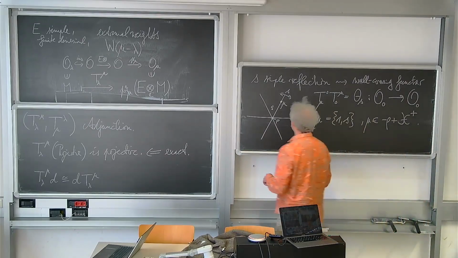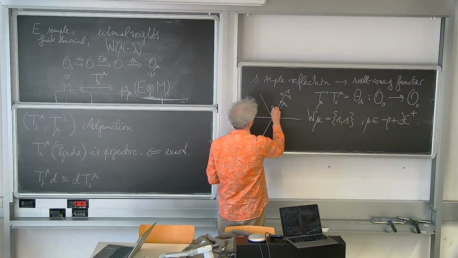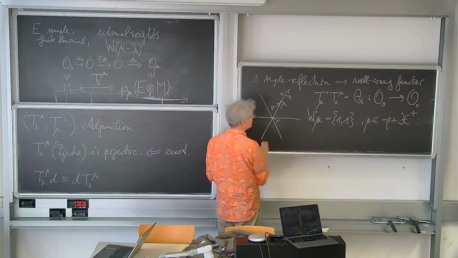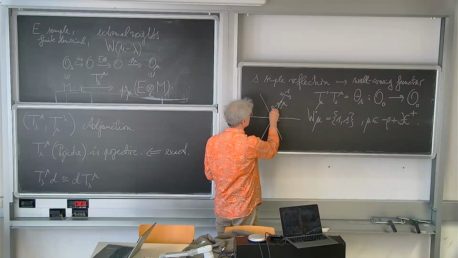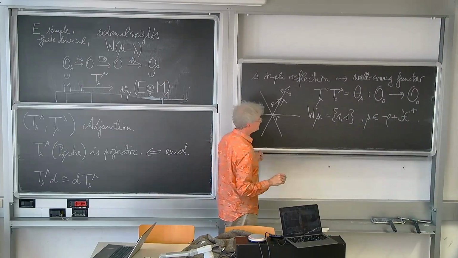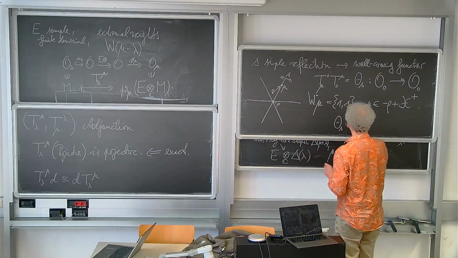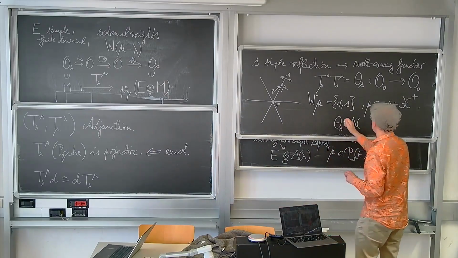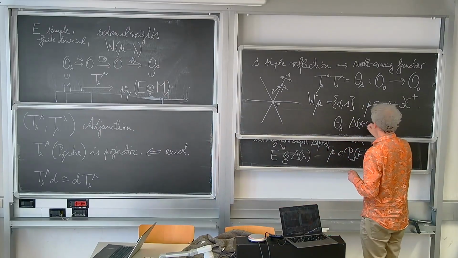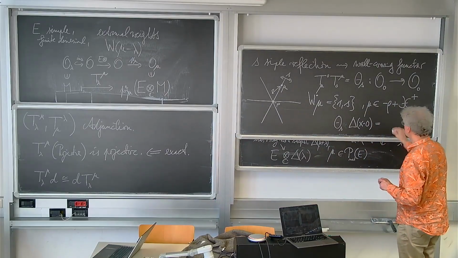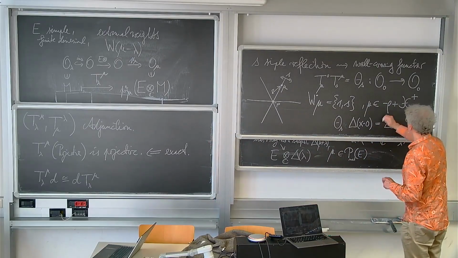So I translate first onto the wall, and then I translate out of the wall again. And what then happens if I apply this to a Verma module delta x dot 0?